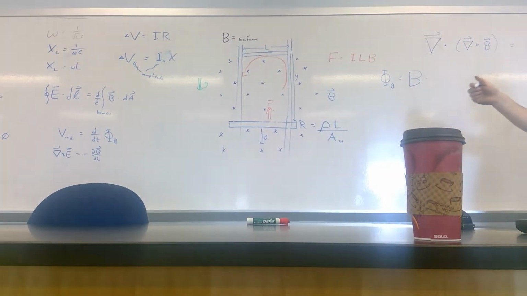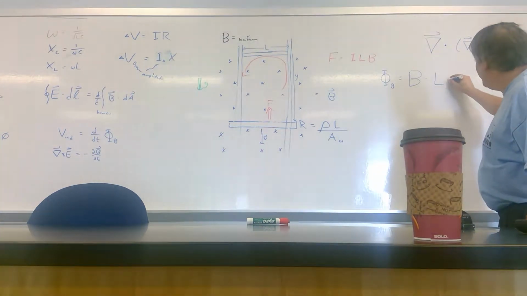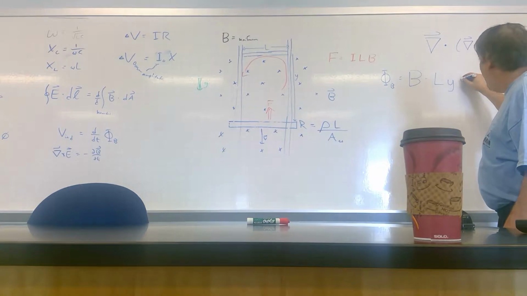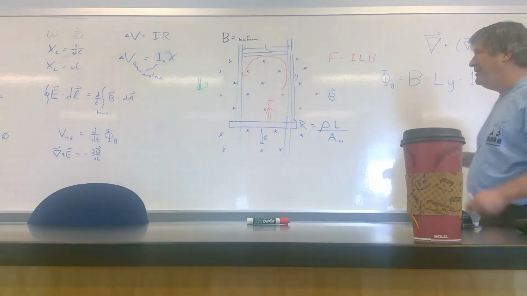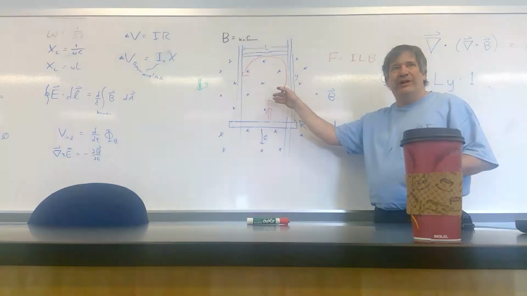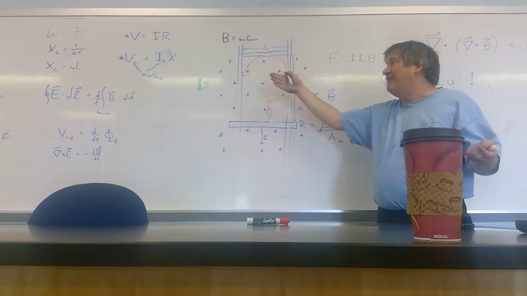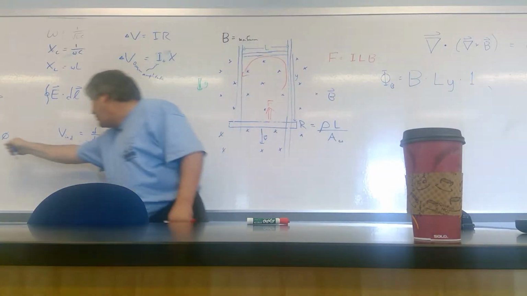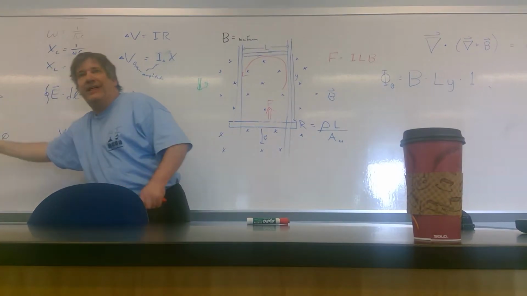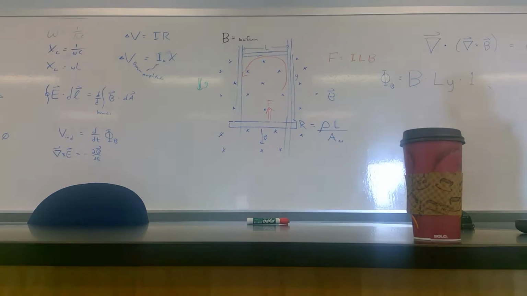So at any moment, the area would be L times y. And of course, the cos phi would just be 1, because phi is making a 0-degree angle to the normal to that area. And what that phi means is the angle between your B field and the perpendicular normal vector to that area. So there's my flux through the loop at any given moment.